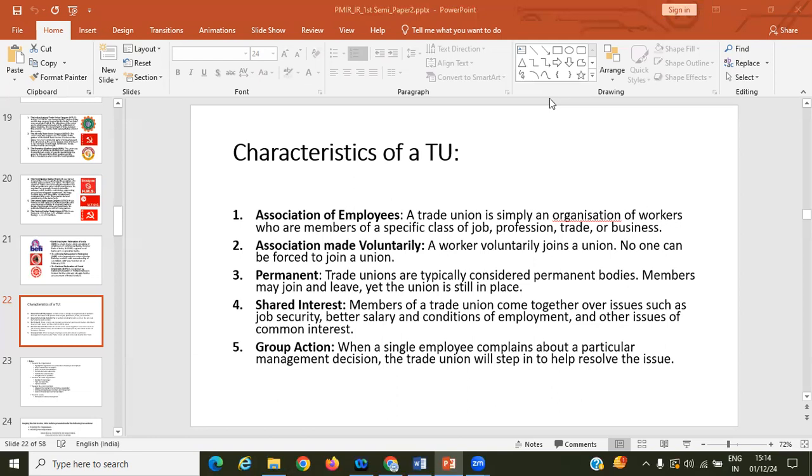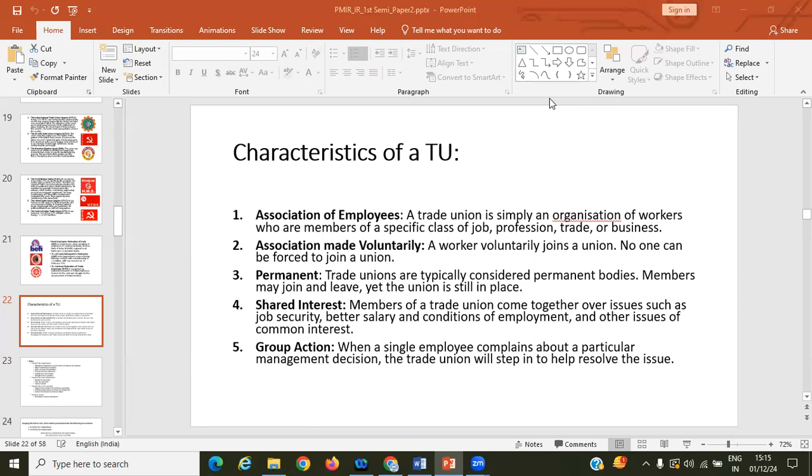Members of a trade union come together over issues such as job security, better salary and conditions of employment, and other issues of common interest. Wherever you have an issue which is common to most of the employees, the union has the same issue, and that will be easy for them to talk to the management, the person who is responsible. So that is one feature, common interest.